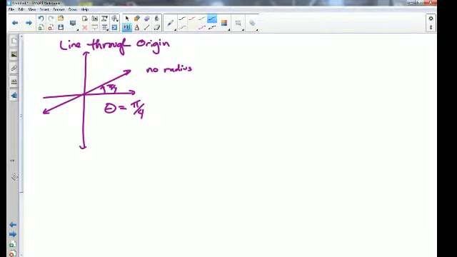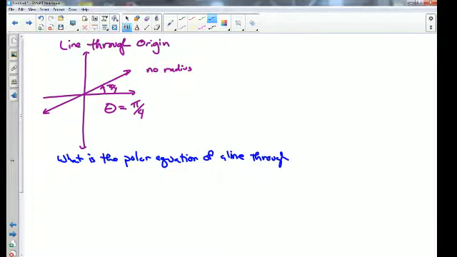So let me give you a point. What is the polar equation of a line through those 2 points?